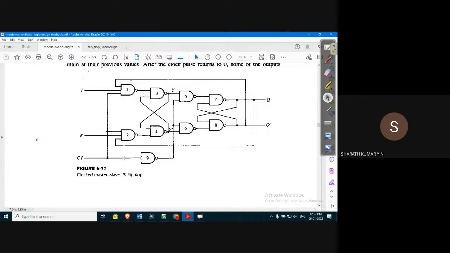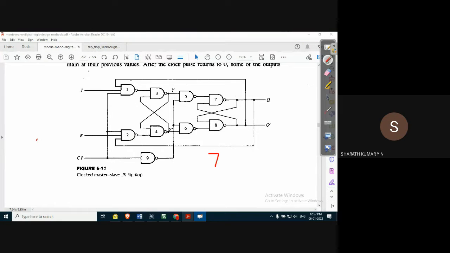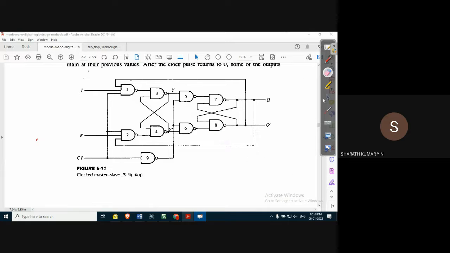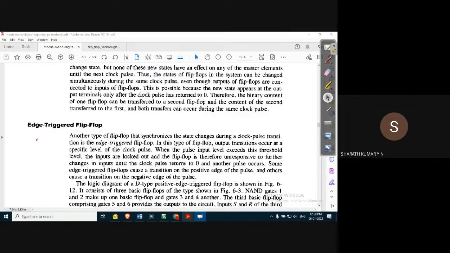Similarly, we have 7410, which is a 3 input NAND gate. 7420 is a 4 input NAND gate. That's what it is. Okay, fine. So this is about edge trigger.